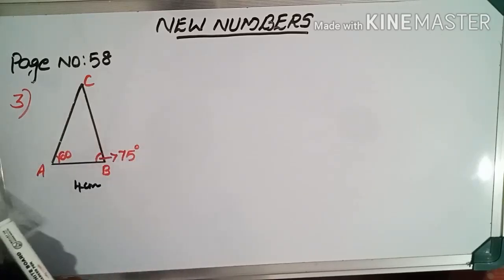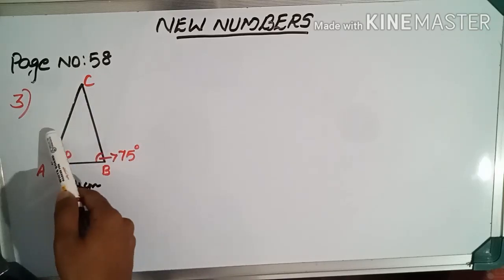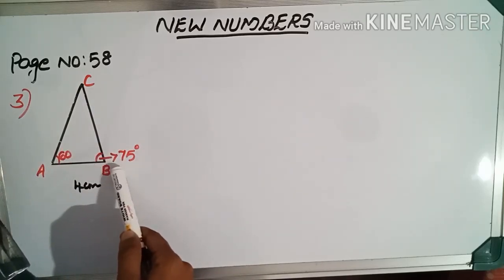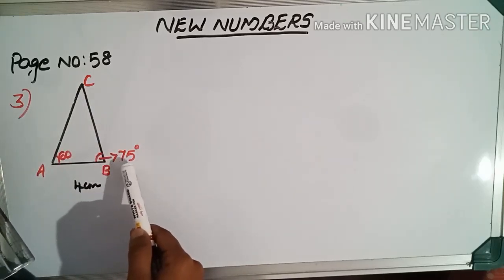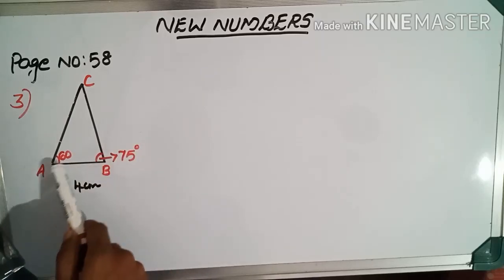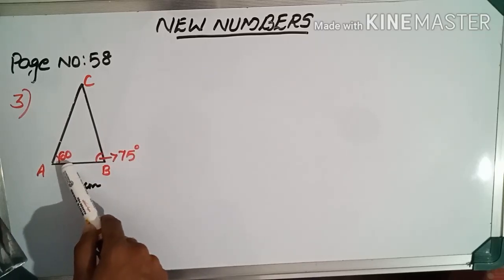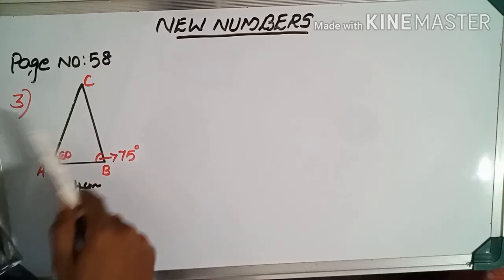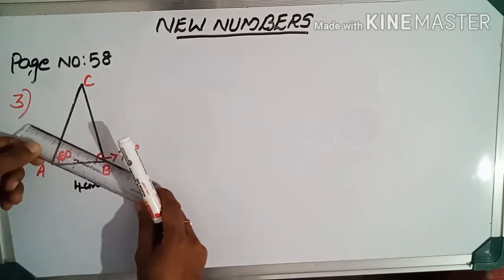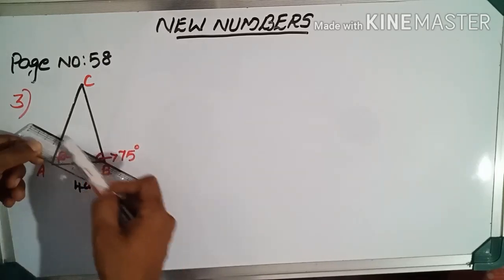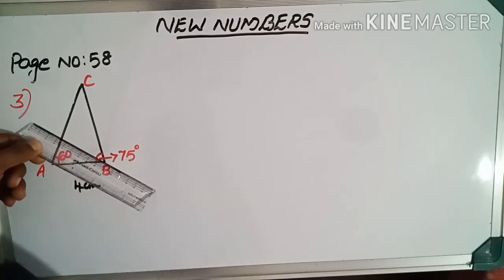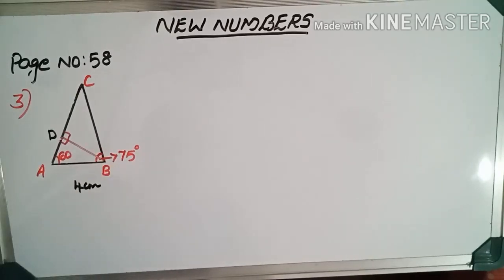Here you have to consider the base as AC and the upper vertex as B, because the 75 degree angle is here and the 60 degree angle is here. In order to get 30 60 90, the perpendicular line must be here. Draw a perpendicular line like this. Here DB is a perpendicular line.